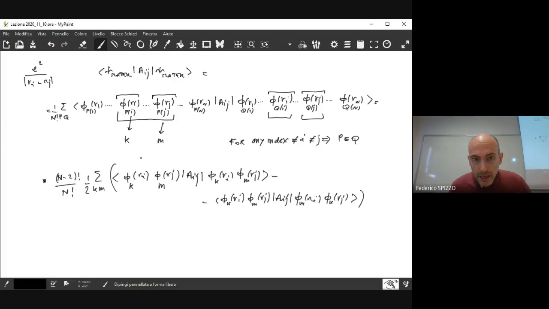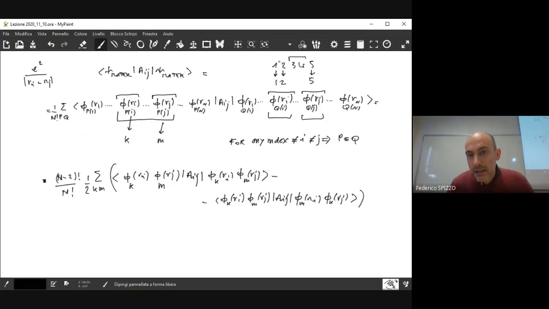If I understood correctly, the question is why we suppose that the values of the two permutations have to be exactly the same. Because over all the other indexes, the permutations have to be fixed, to be exactly the same permutation. Just to make an example with a smaller number of indexes, if we have 1, 2, 3, 4, and 5, and we have to exchange those, let's suppose that I and j are 3 and 4.